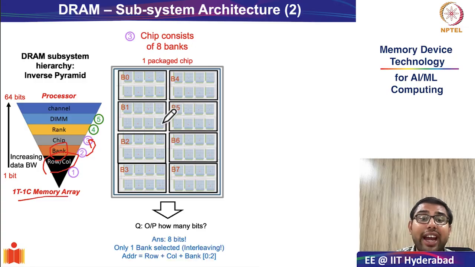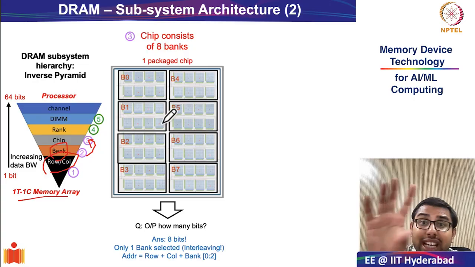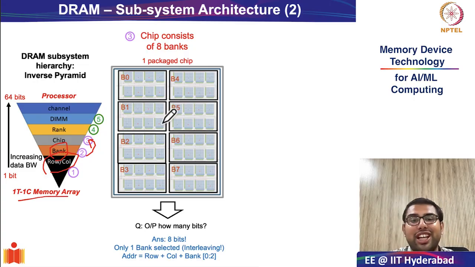Why is that not correct? Because remember, during one operation cycle, only one bank is selected. Why? Because the rest of the banks are going through the refresh, right? So the correct answer is that during one read-write access, the number of bits coming out from one chip is also only 8 bits.